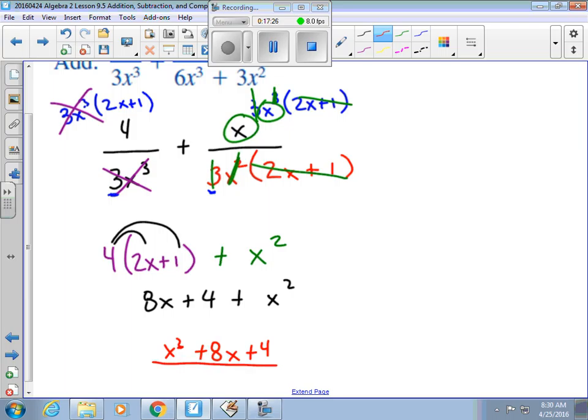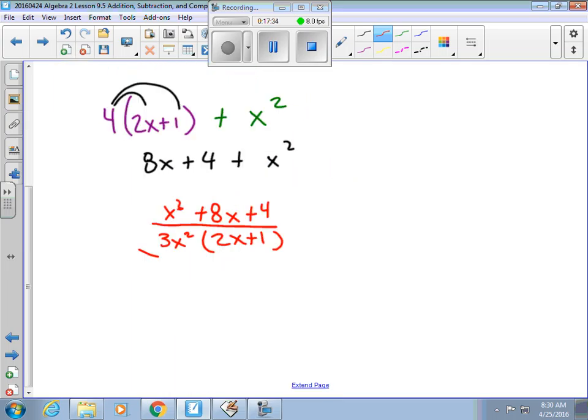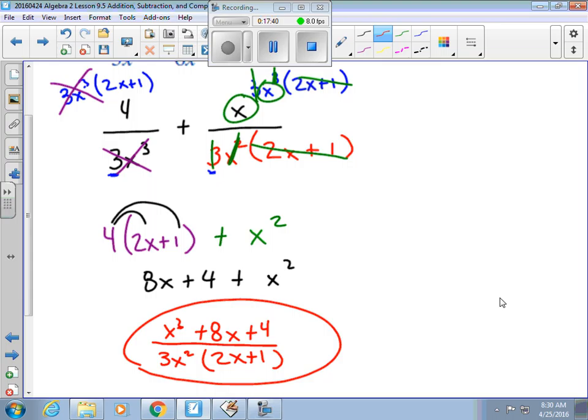It goes over, we said, 3x squared times 2x plus 1 for that one. This is your simplified version, even though when you look at that, you think to yourself, that doesn't look very simplified to me. That's it.